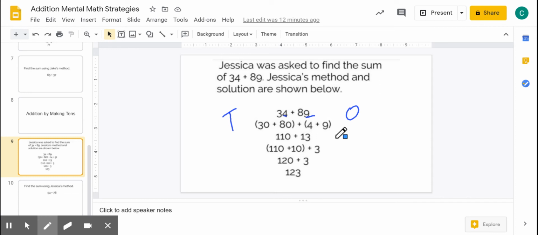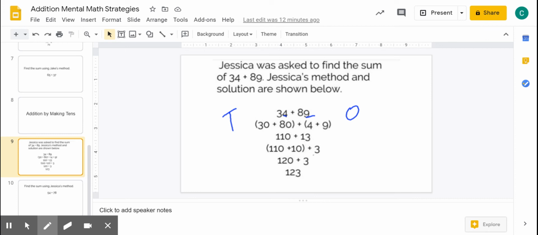Next, I am going to add 30 plus 80. 30 plus 80 gives me 110. Then I add 4 plus 9. 4 plus 9 gives me 13. So from the number 13, I can get a friendly number of 10, which is why you see this parentheses. 110 plus 10.